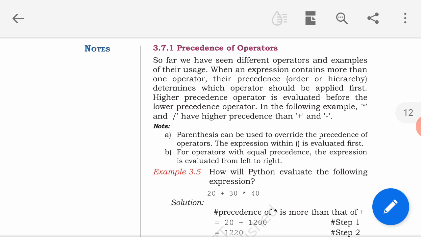Then at the last, logical operators are used. So logical operators have the lowest precedence. Even among logical operators, not is evaluated first, then and, and after that or is evaluated.